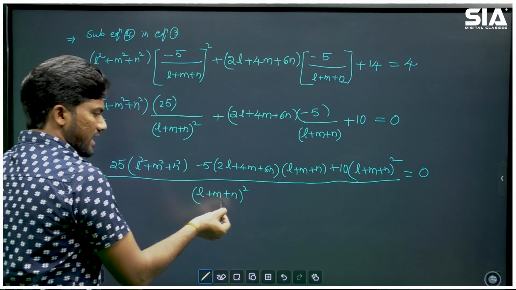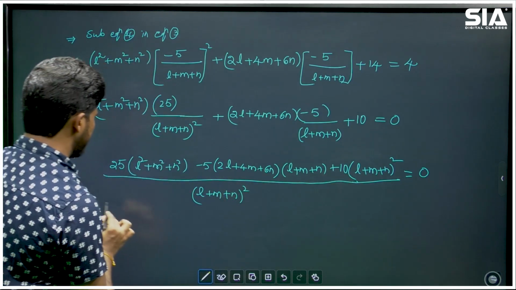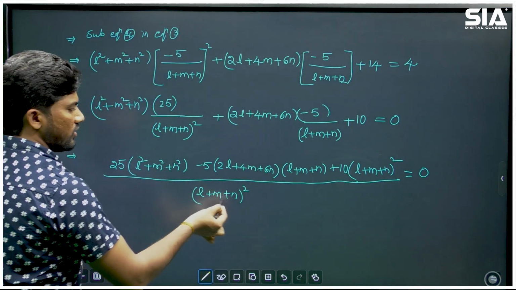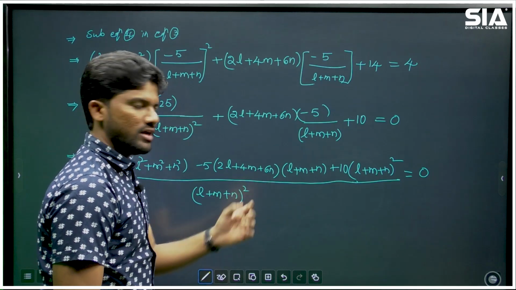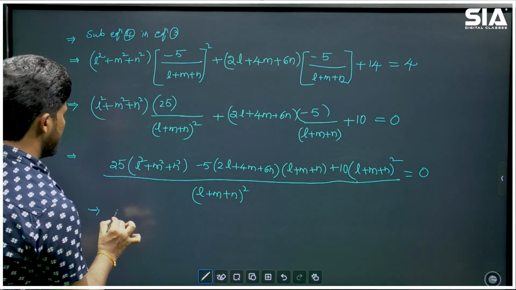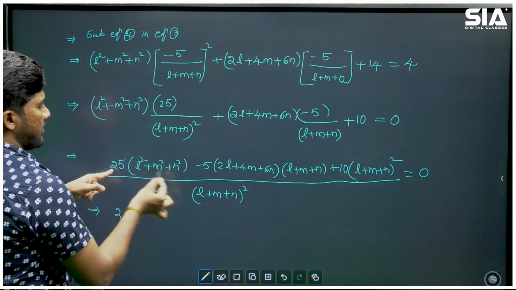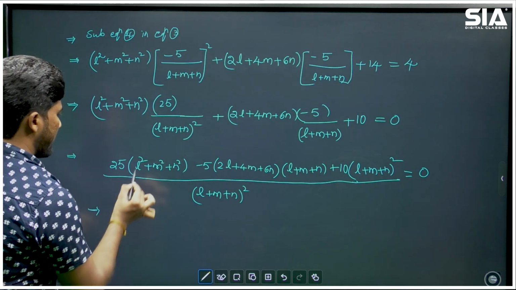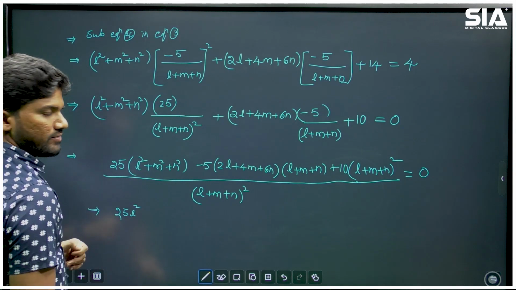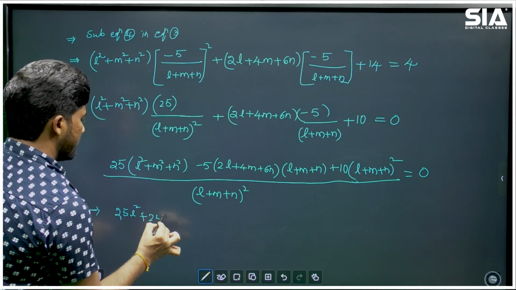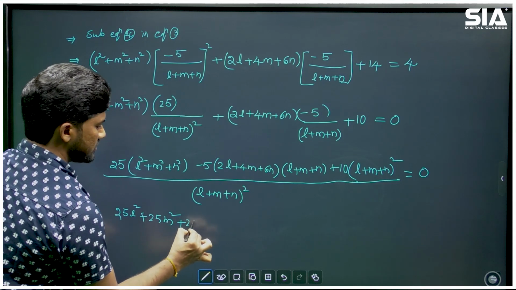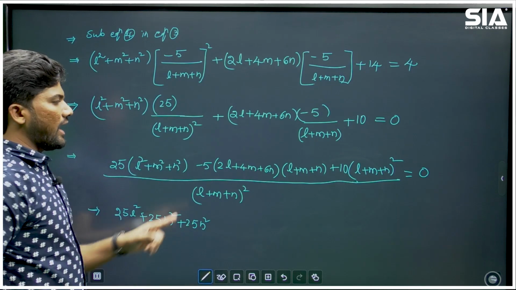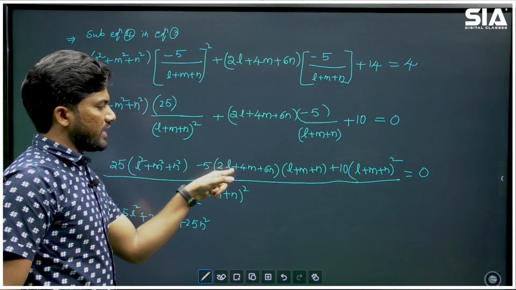Now send this LCM denominator value to RHS. So 0 into L plus M plus N whole square, automatically it will be 0. So therefore now I am multiplying this value. 25 into L square: 25 L square plus 25 M square plus 25 N square, and multiply this minus 5 with this factor.